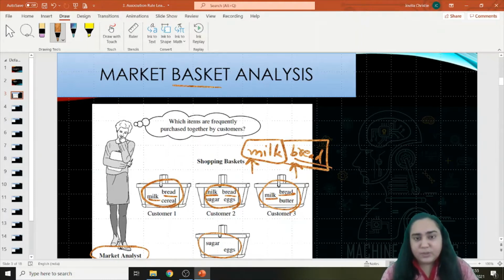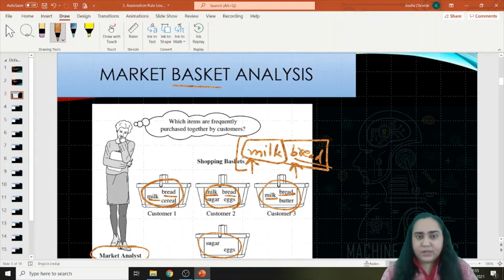But in order to apply this, you first have to find out which items are actually bought together. Since here you saw only 4 baskets, it's very easy. But in reality, you have thousands and tens of thousands of products in your inventory, and lots of customers over a period of time.